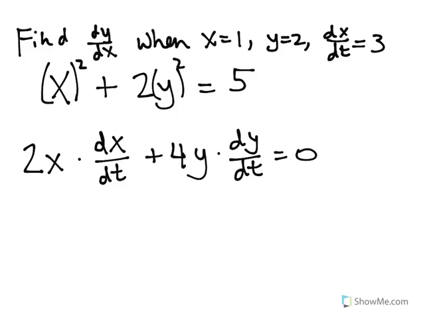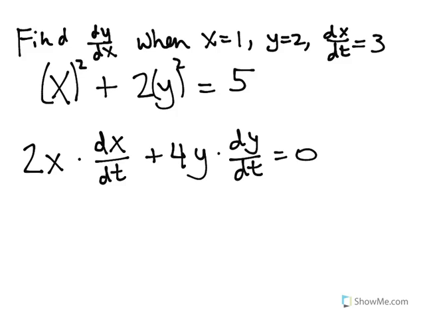Okay, so this says that dx/dt is 3, whatever your units are there. Maybe it's miles per hour, maybe it's feet per second, but x is changing by 3 as t changes by 1, and that's specifically at the point when x is 1 and y is 2.